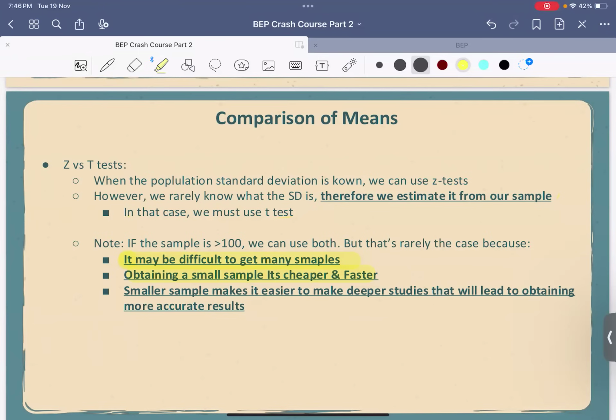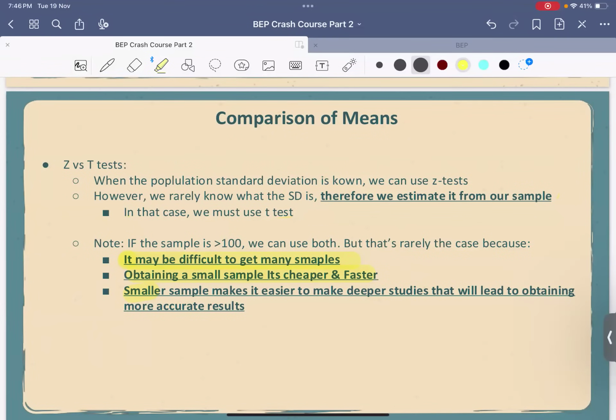And the third thing is that I, as a human, get tired. If I have a large sample size, I have so many things to test for and so many people to test. So I'll probably put less focus on each patient in the sample, and that will probably lead me to make errors, and it will make the data in the end less accurate.